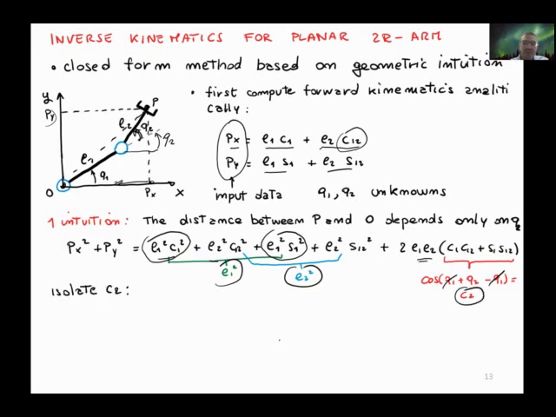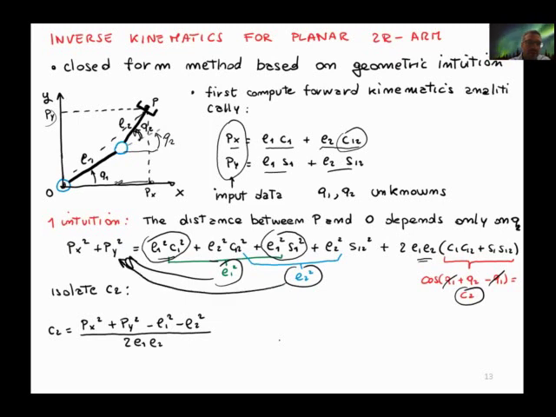Then we can isolate theta 2, because now nothing depends anymore on theta 1, sorry, on Q1. We can put these on the left side, subtract them, and divide by this term that is always positive. And again, we get an expression for the cosine.